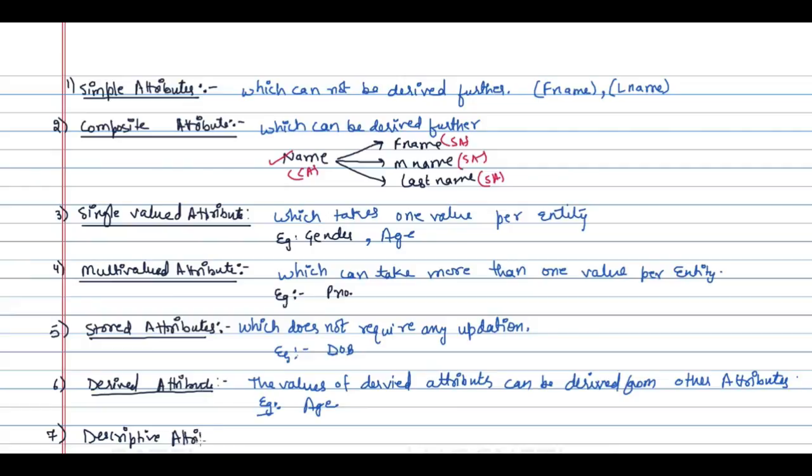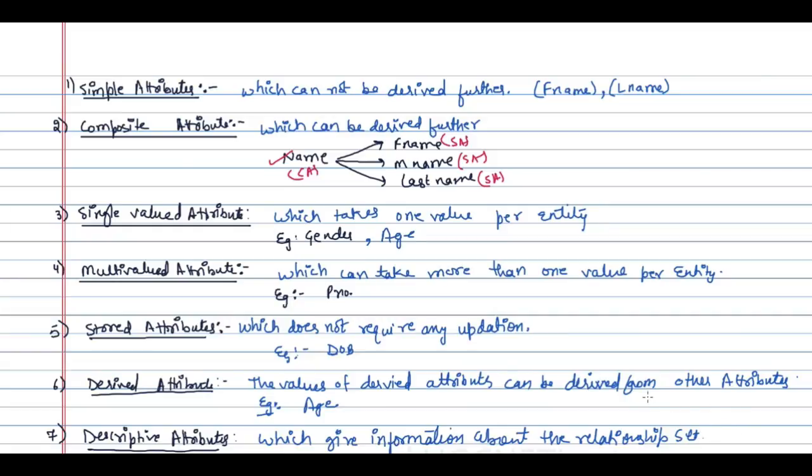So what are descriptive attributes? The attributes which give information about the relationship set are called descriptive attributes.